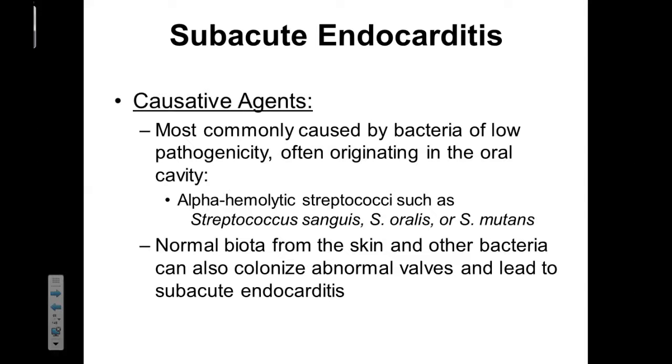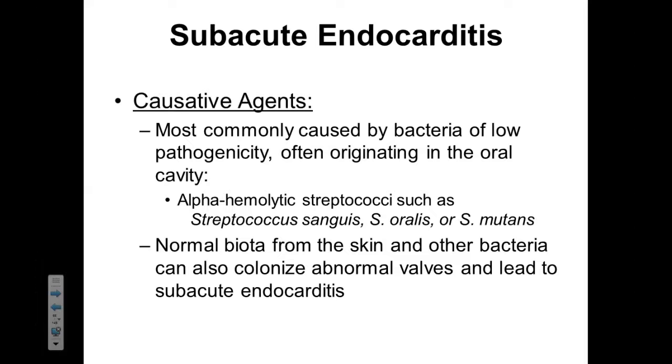If we look at subacute endocarditis, unlike the acute version, which is going to be caused primarily by Staphylococcus aureus, the subacute version is going to typically be caused by bacteria in the oral cavity or that enter the bloodstream from the mouth.